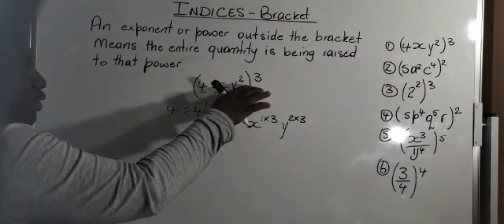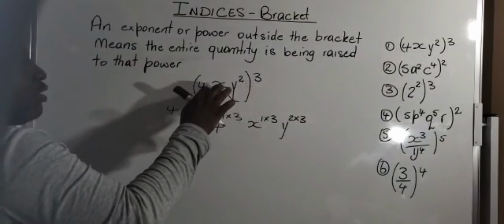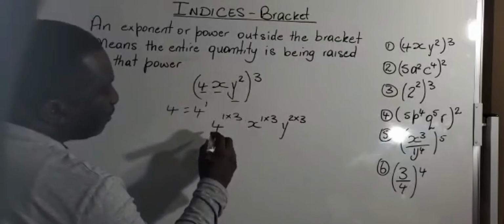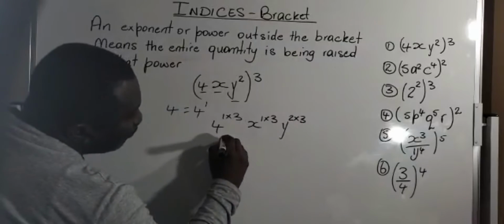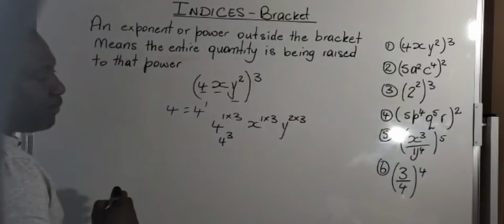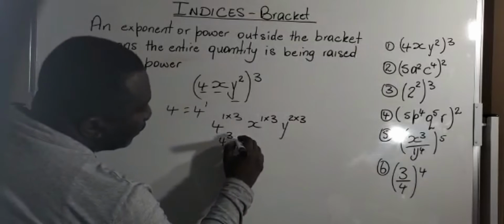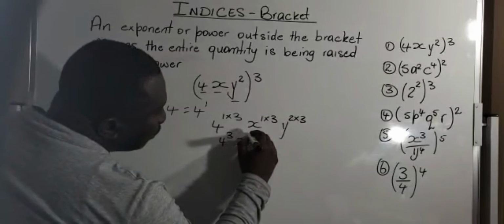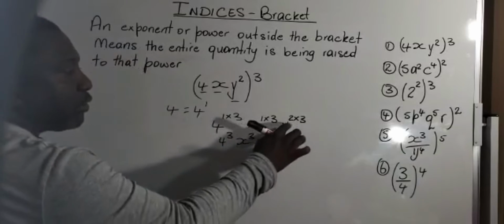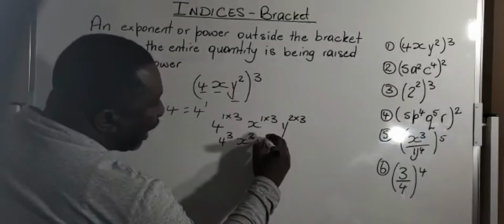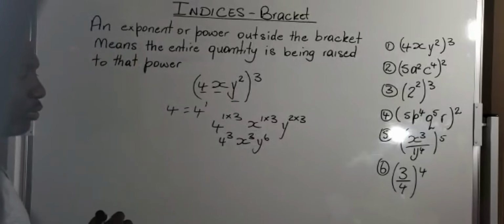Remember guys, we are using the power that is outside of the bracket. Therefore, this will become 4 to the third, x to the third, 2 times 3 will result in y to the 6th power.